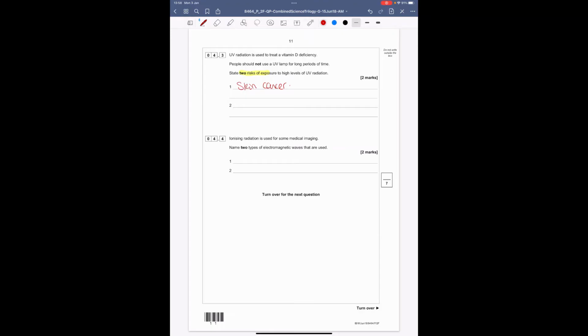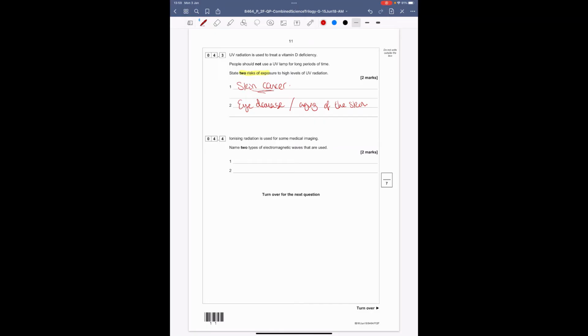It can also cause eye damage or aging of the skin. You would get 1 mark if you said sunburn, because it does create sunburn, but the key risk is that it creates skin cancer.